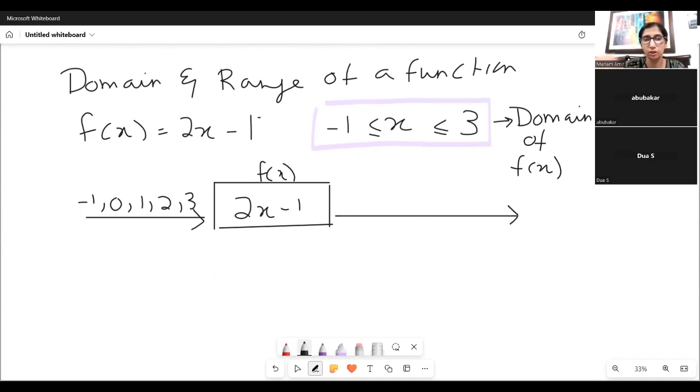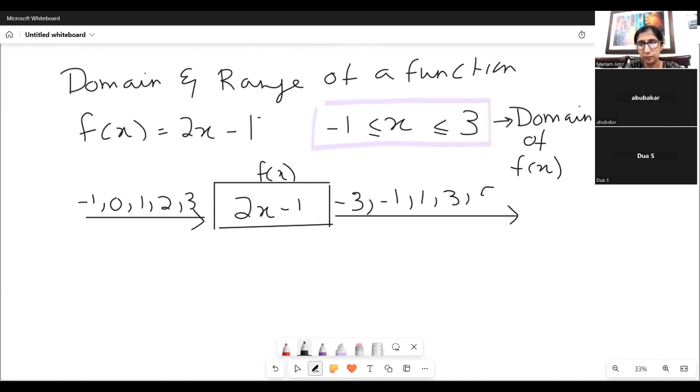And what would be the corresponding output values of the function? What would be f(-1)? -4. Sorry, -3. Minus 3, yes. What would be the output when input is 0? -1. Yes. For 1, it will be 1. For 2, it will be 3.